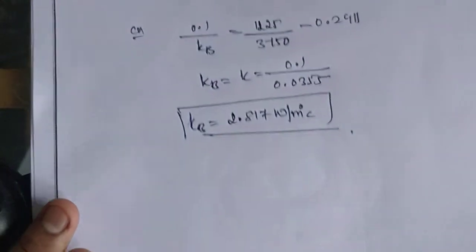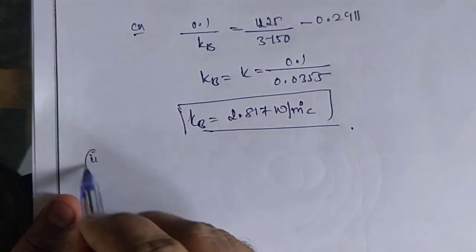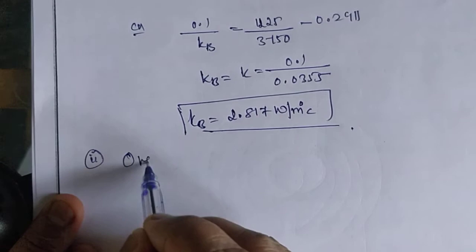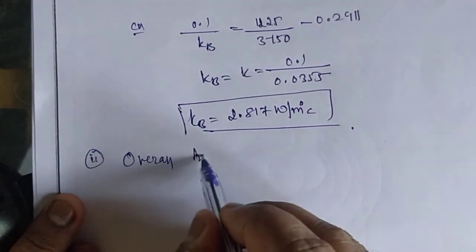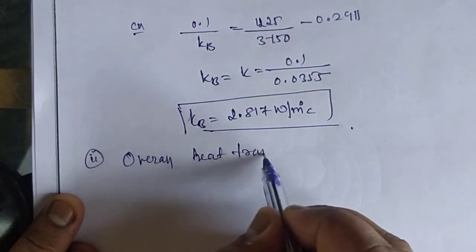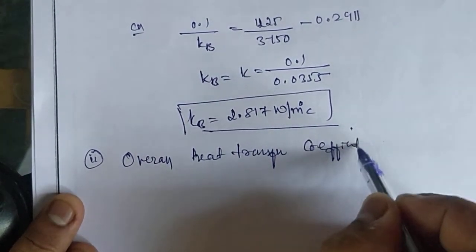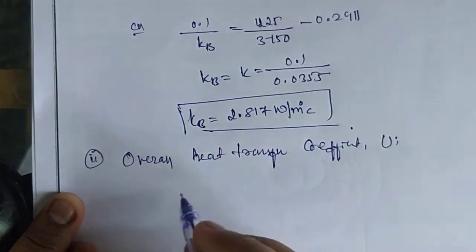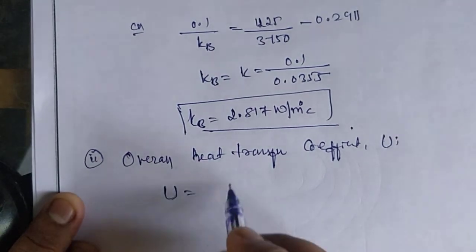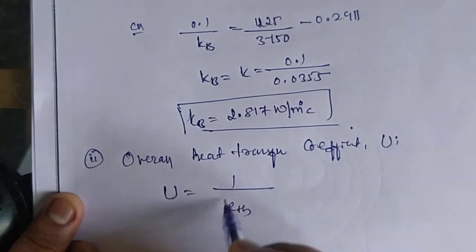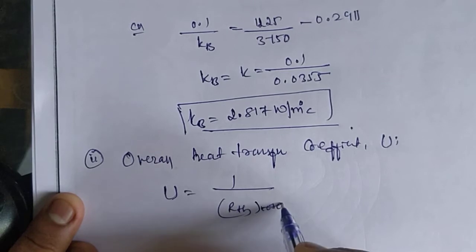Next, what you have to find out? Overall heat transfer coefficient, that is U is equal to 1 divided by RTH total.